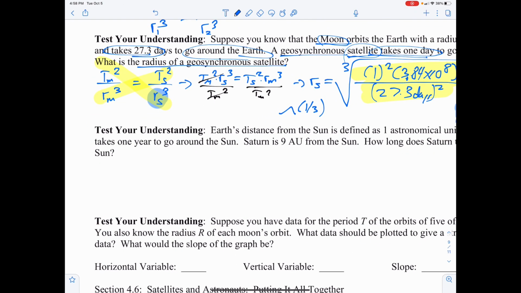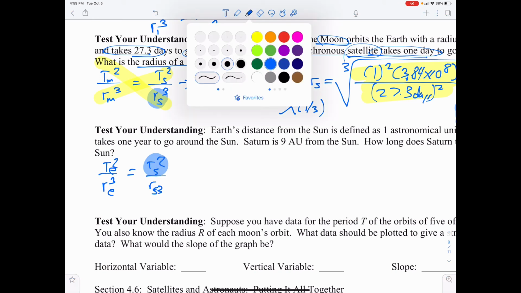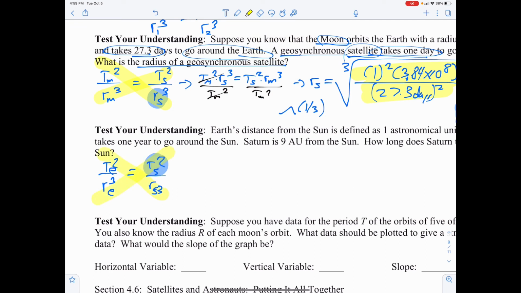Well, let's start off with the equation. T squared over r cubed equals T squared over r cubed. Now, Earth would be one variable, and Saturn would be the other. And you're solving for the period of Saturn. So, again, we could take the cross products and then divide away the unwanted quantities.